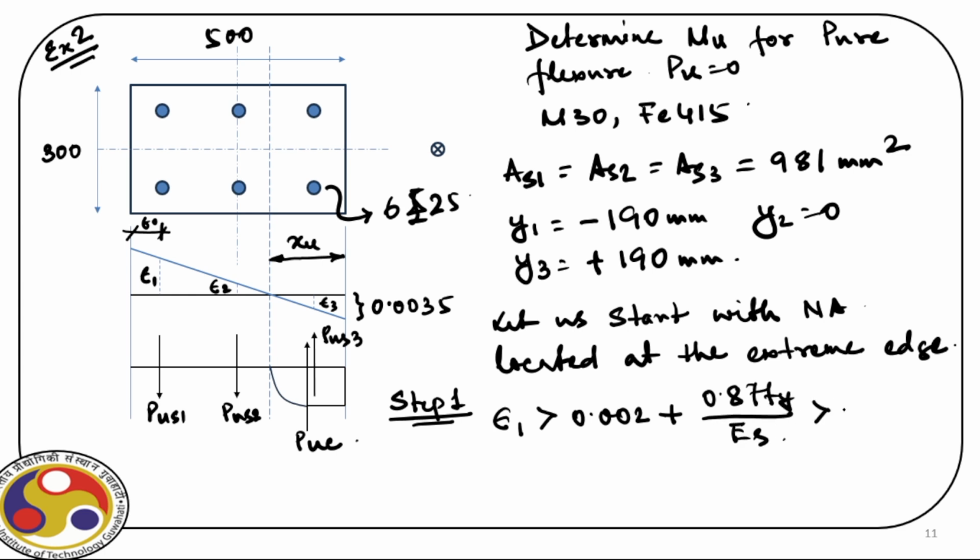That means it is greater than 0.0038. So first we assume 3/7 xu is greater than equal to 60. It gives xu, this is the initial guess, is 140 millimeter. Obviously this is not the value. We'll see how we can iterate it.